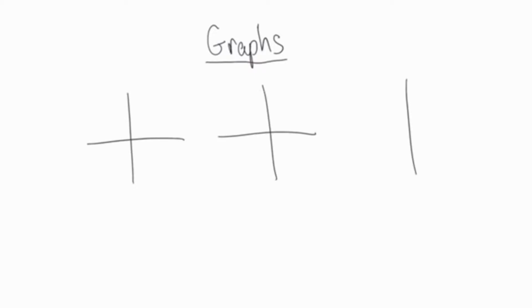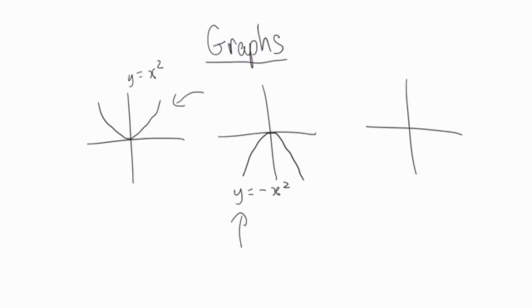First of all, you have quadratics, and they're going to look like either a U shape or this sort of N shape. This would be for y equals negative x squared, and this would be for y equals x squared. If it's positive x squared, you're going to have a U shape, and if it's negative x squared, you're going to have this sort of N shape.